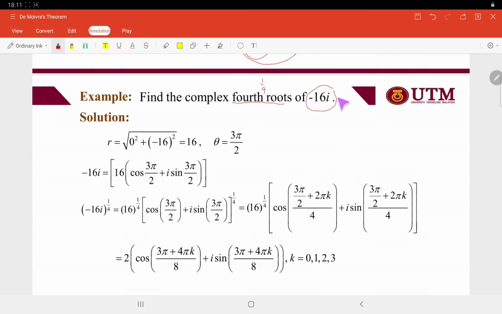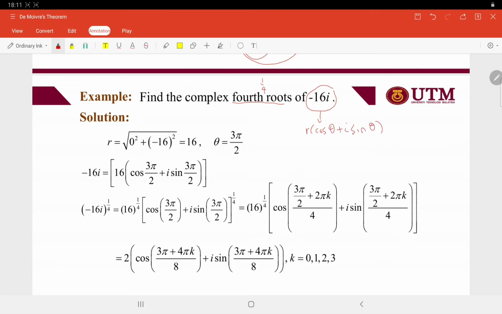So the problem is the same, where we have to transform this to polar form, where we must have the r value, cos theta plus i sin theta.